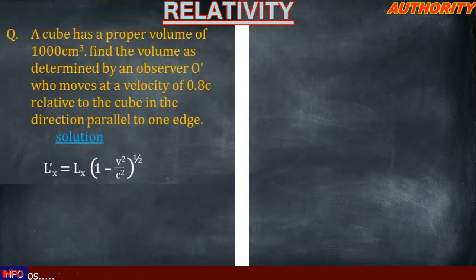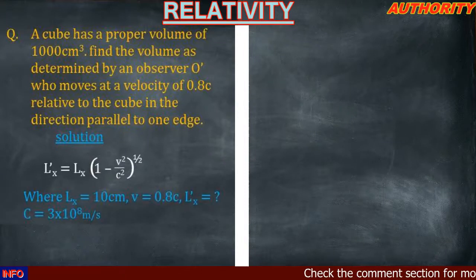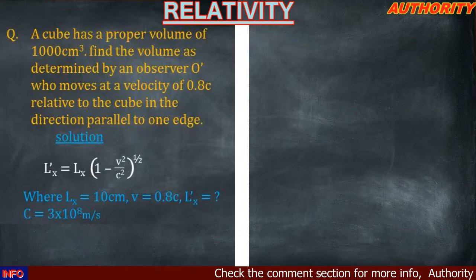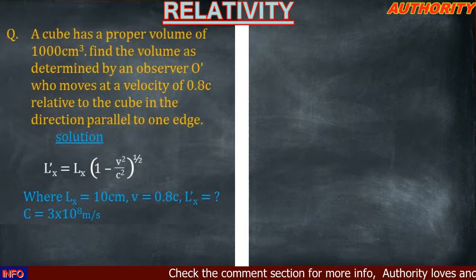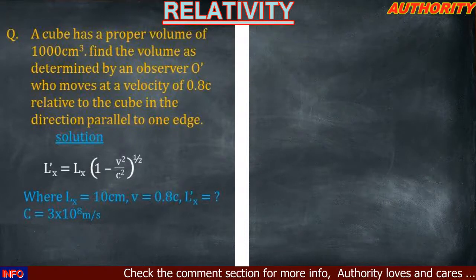So we say that the Lx, that is the length in x direction measured by the observer at rest, is 10 cm. So when you say 10 cm multiplied by 10 cm multiplied by 10 cm, it's going to give you 1000. That is going to give you the volume, right?